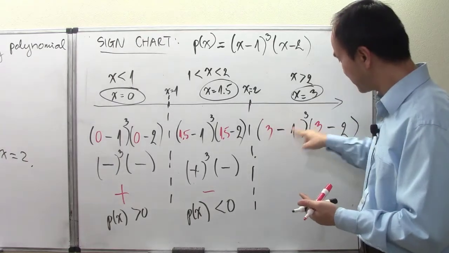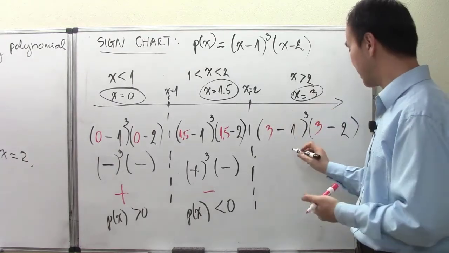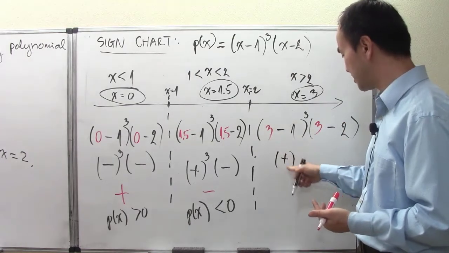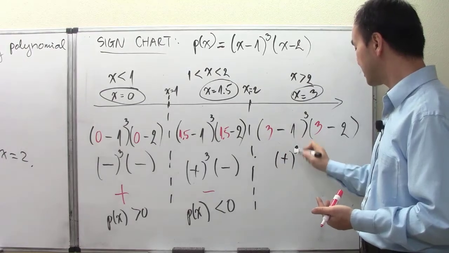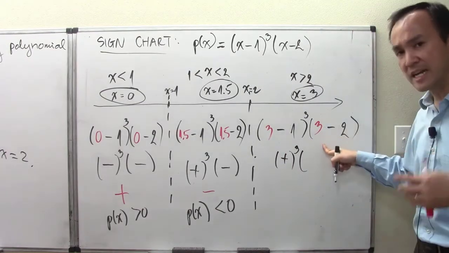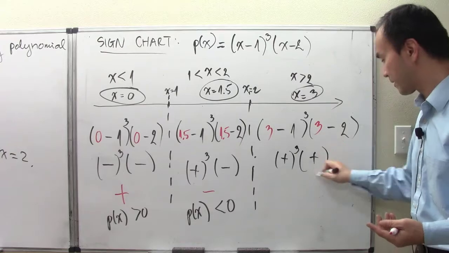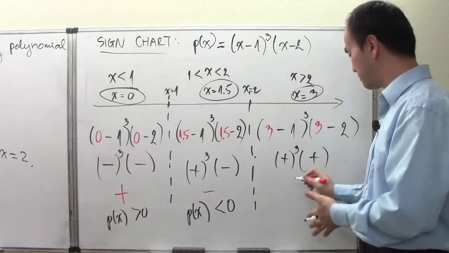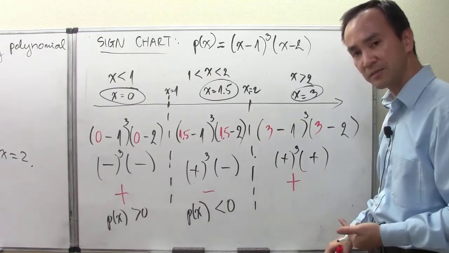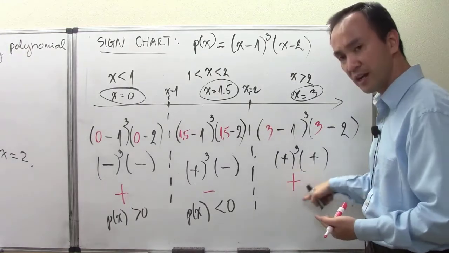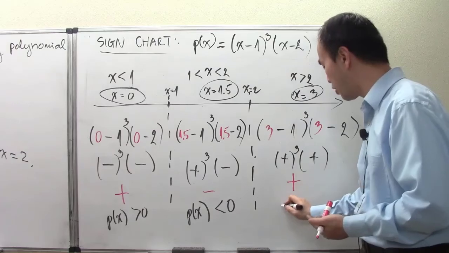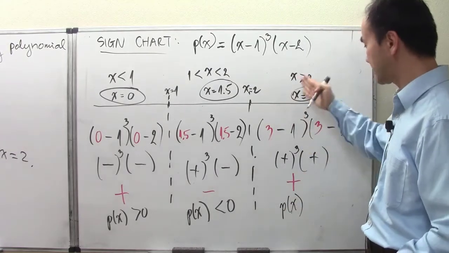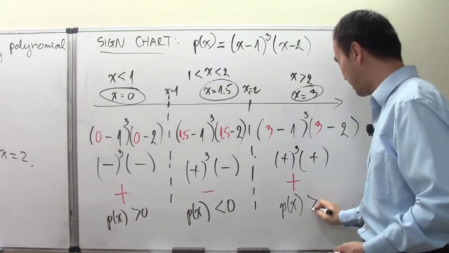The first factor before that cube is going to give me a positive sign because 3 is greater than 1. So 3 minus 1 is a positive factor raised to the third power, and 3 minus 2 is another positive factor with power 1. So now it's all going to be positive. My final sign here is a positive sign. That means this red plus means my polynomial outputs a positive value in the entire interval x greater than 2.